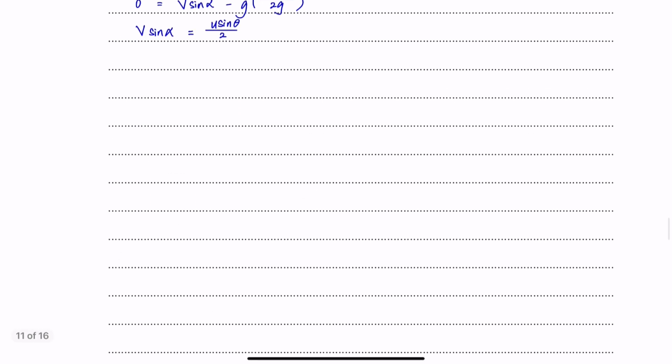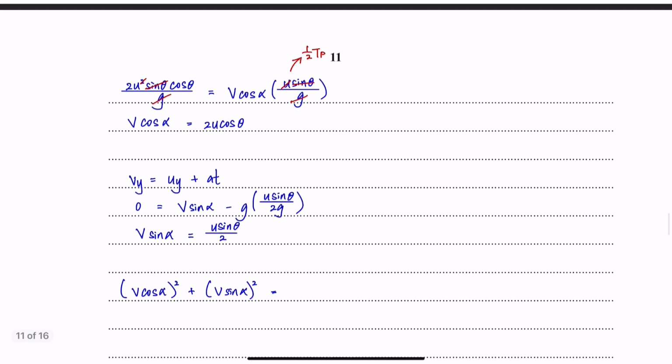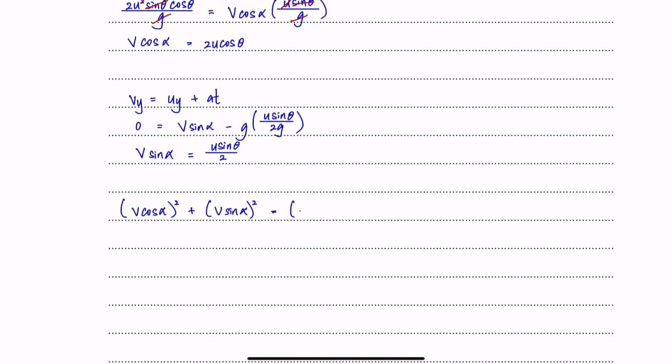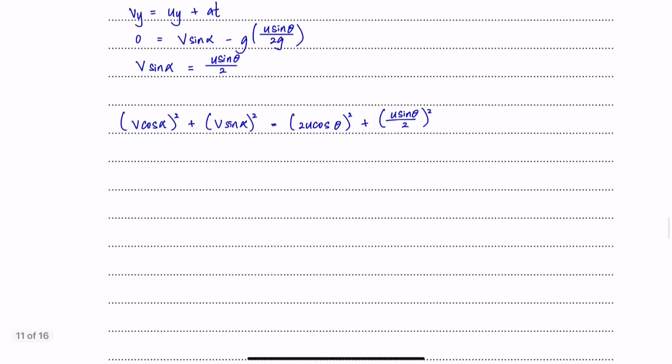And now we can start finding v. So v cos alpha squared plus v sine alpha squared is equal to 2u cos theta squared plus u sine theta over 2 squared.